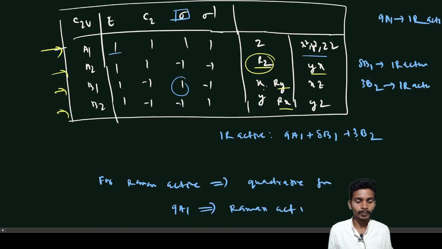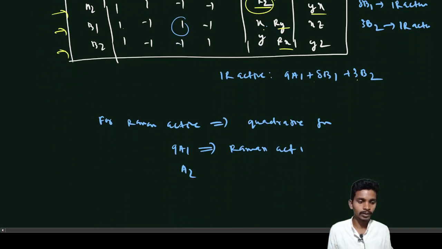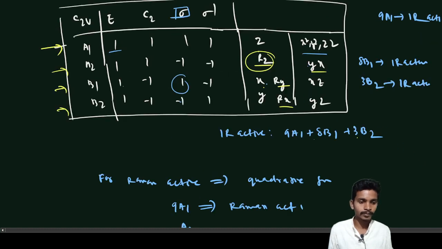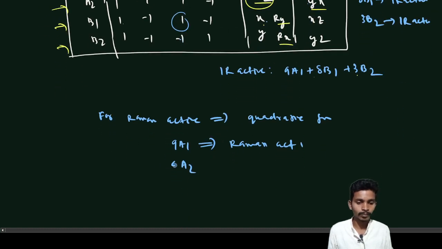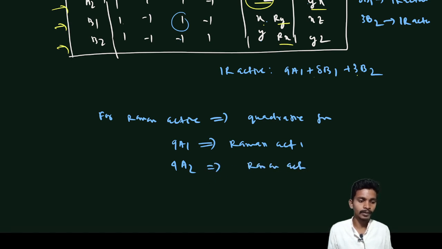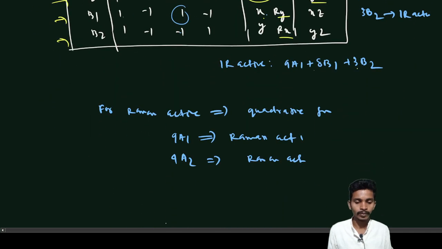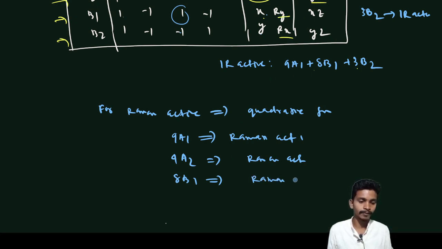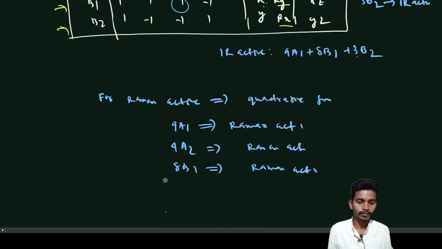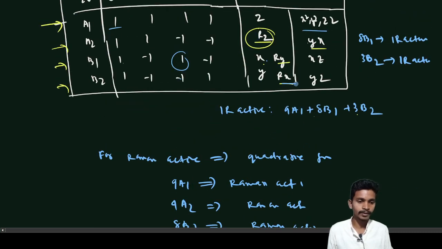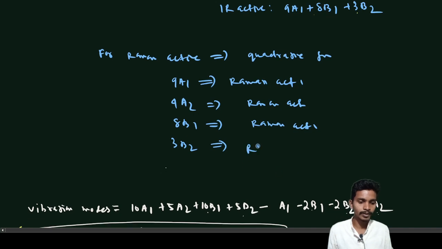Similarly, we look at A2. Are any quadratic functions there for A2? Yes, so these are Raman active. And for B1, 8B1 are there, and yes, a quadratic function is there, so again this is Raman active. And next is 3B2. For B2, quadratic functions, yes, so this is also Raman active, which means all are Raman active.